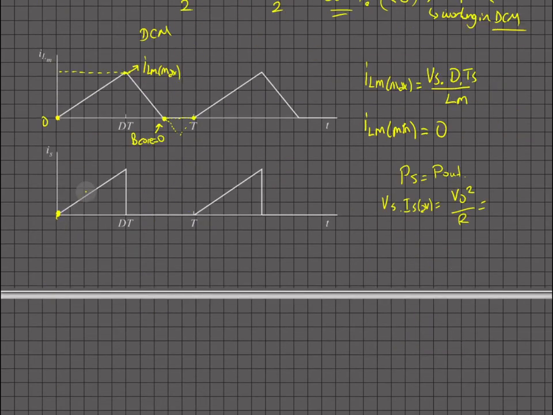That current is 0, and that current is ILM max. So the actual power, let's use the orange one, is the power drawn from the source.